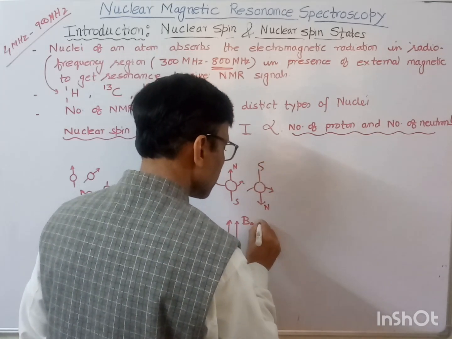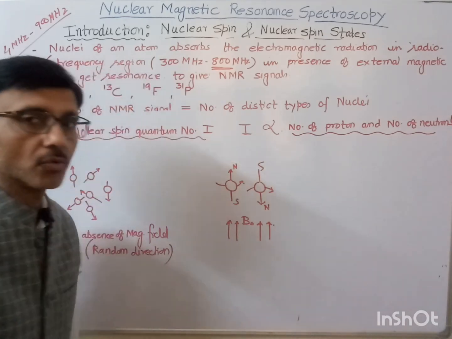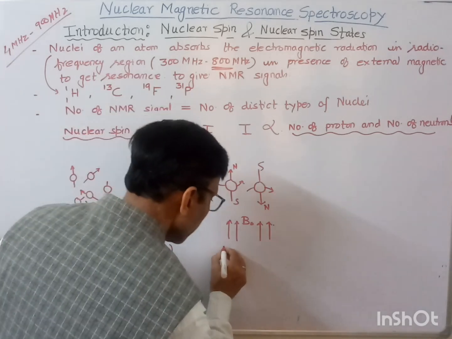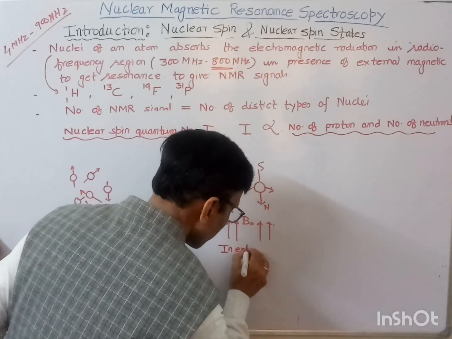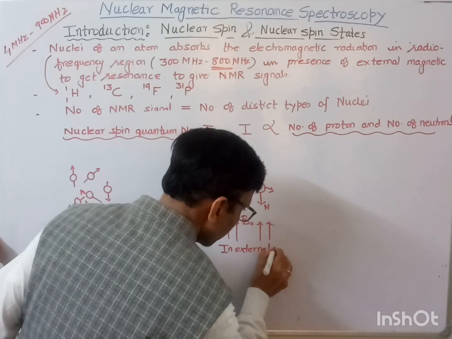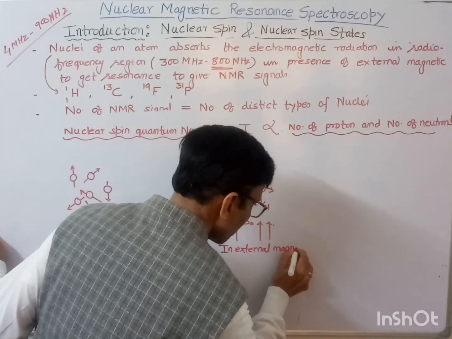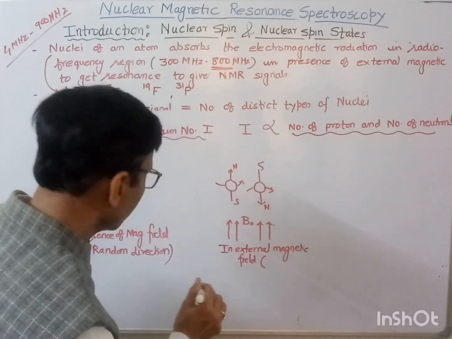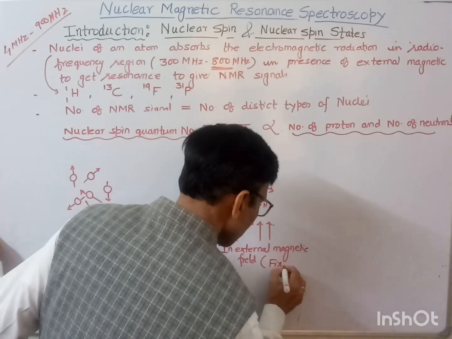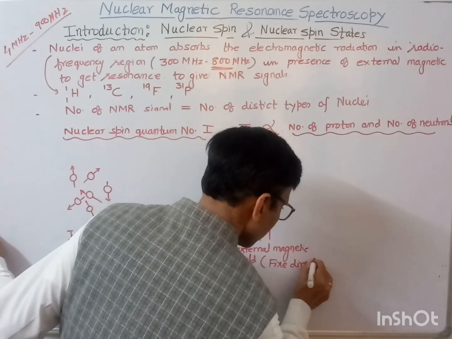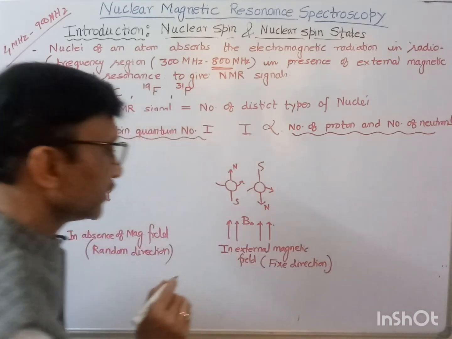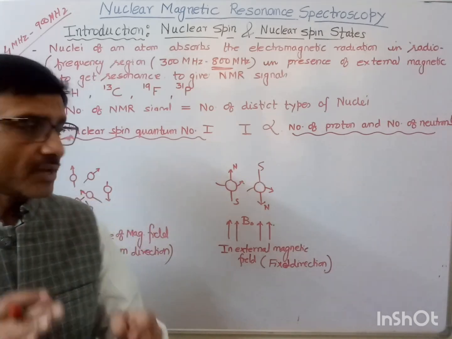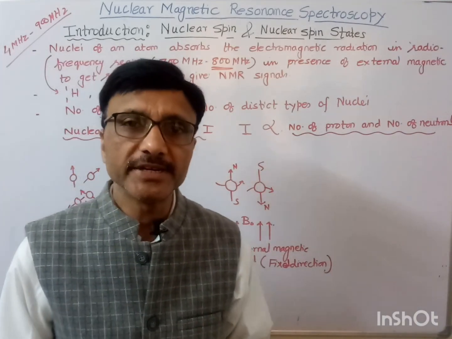So in an external magnetic field, the orientation of nuclei in space is fixed. There is a fixed direction of nuclei.